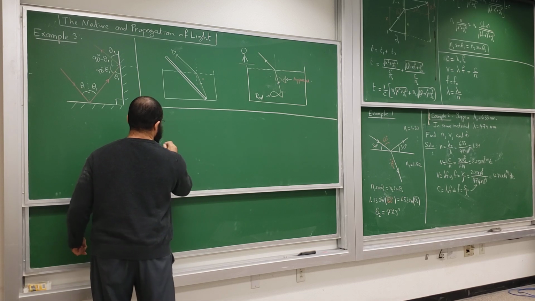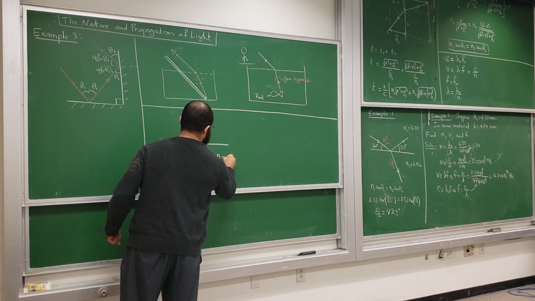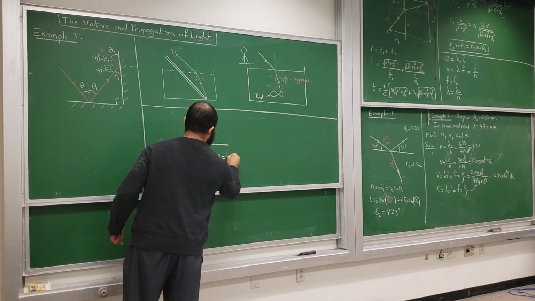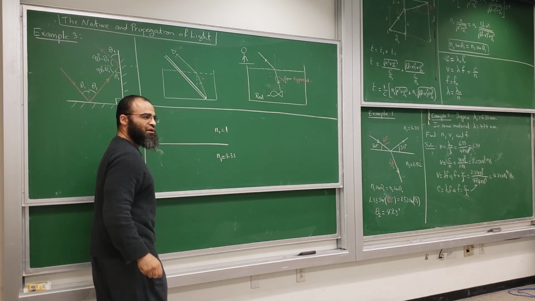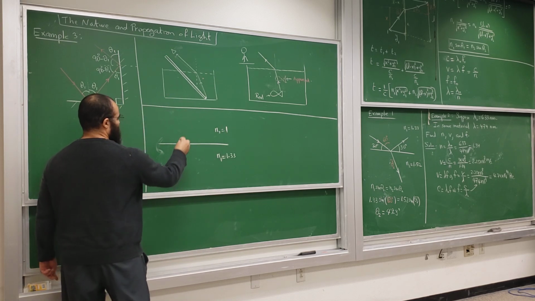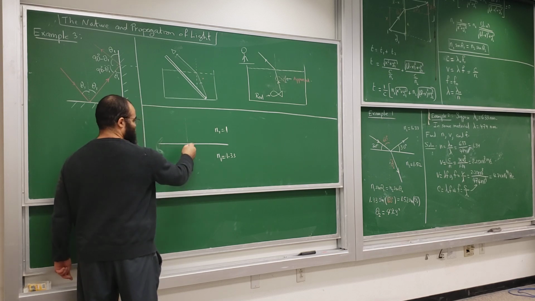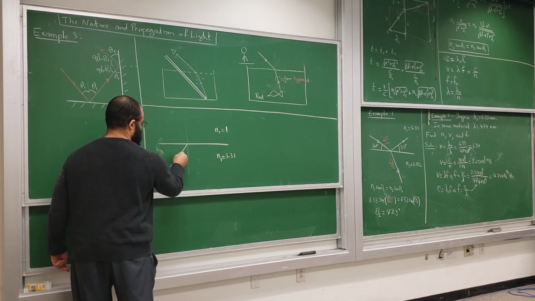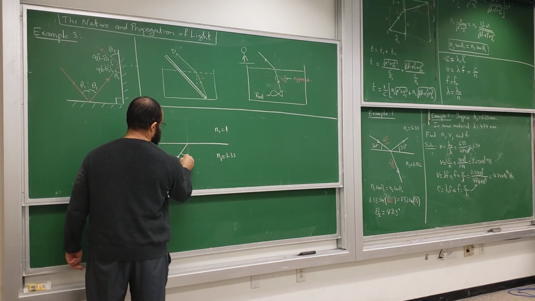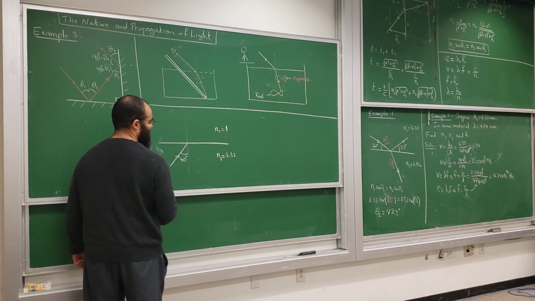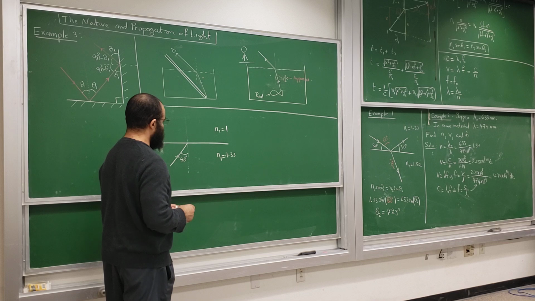Let's say here is medium 1, and 2, and n1 now is water, and n1 is 1.33, and then n2 is 1, okay? n2 is 1. And you're going to aim your laser pointer from below the swimming pool in this direction. Let's say you aim at 40 degrees. Okay, that's theta 1.